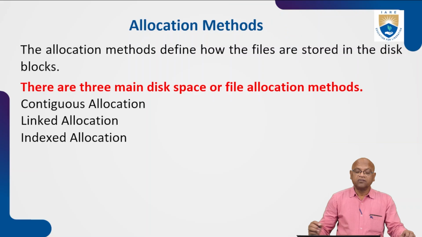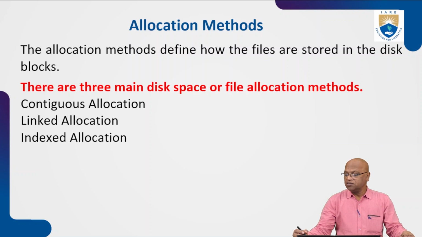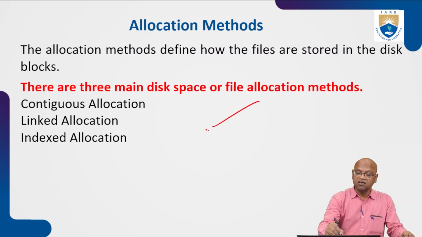So in this one, see allocation methods, file allocation methods. The allocation methods define how the files are stored in the hard disk. We have seen that an OS like Unix considers everything as a block. So now, how is this saved in the blocks? If you look at this hard disk, it seems like this.